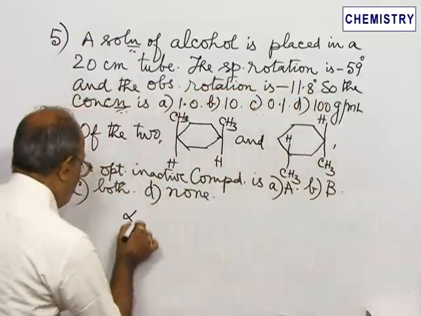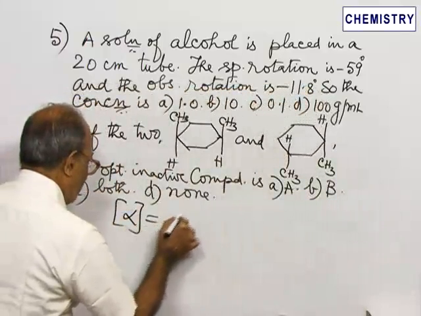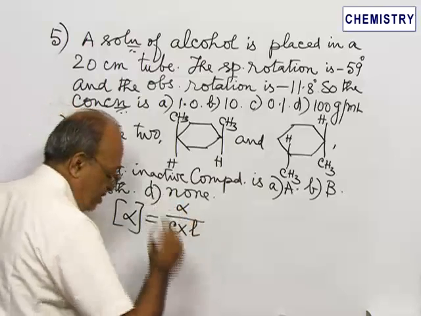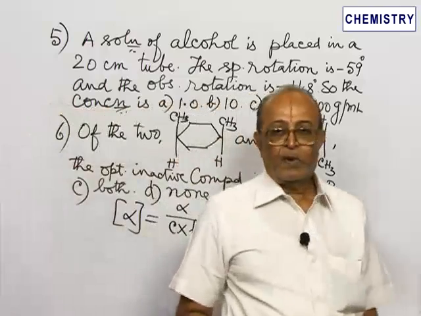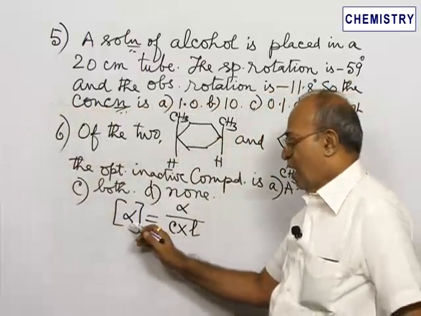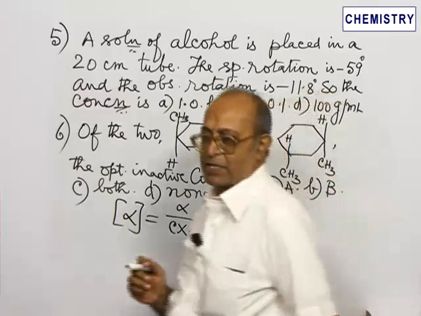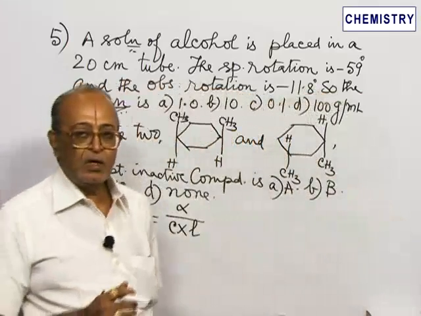Now, the equation which we use is this: alpha within square brackets is known as specific rotation.